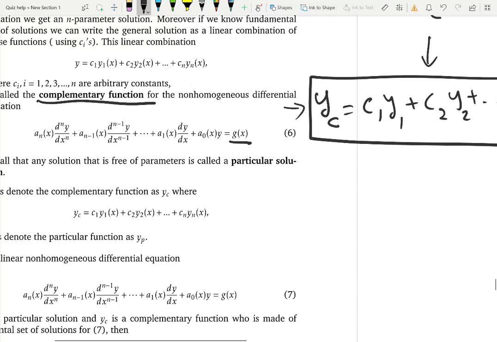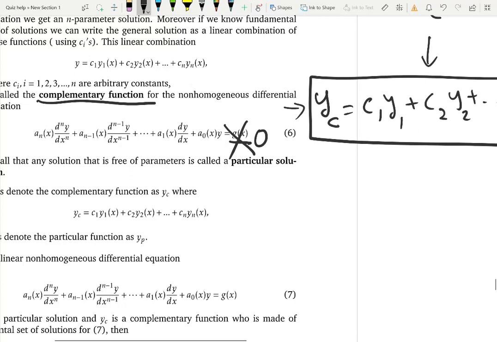Here's what happens. Let's say you are given a non-homogeneous differential equation. The very first thing you do is, okay, I have that g, that is why this equation is non-homogeneous. So now I'm going to pretend, or assume, I don't have g. I'm going to assume that I have 0 here. So you simply remove that g and replace it by 0, then you get a homogeneous differential equation, right?